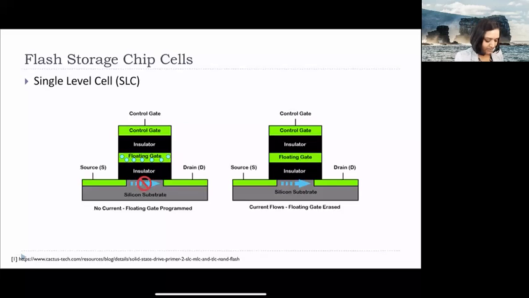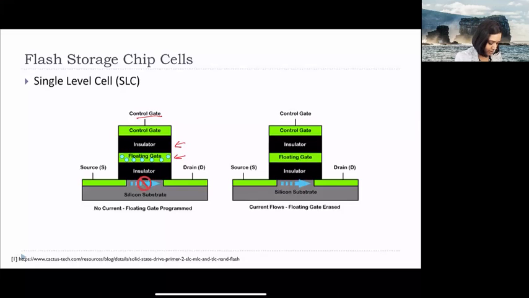Here, what we are looking at on the screen is a NAND transistor, which has the control gate, the input to the control gate, then the insulator, and the floating gate. The floating gate is responsible for storing charge, and thus it gives the persistence property to the cell.